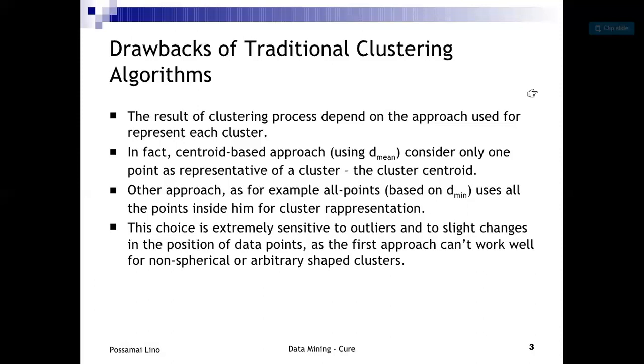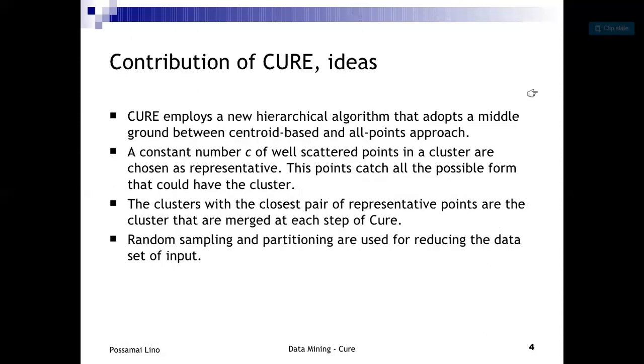This technique is also not sensitive to outliers and changes in the data, and the consideration of outliers is done very efficiently by this algorithm. So we can say that the CURE algorithm is a new hierarchical algorithm that adopts the middle ground between the centroid based approach and the all point approach.